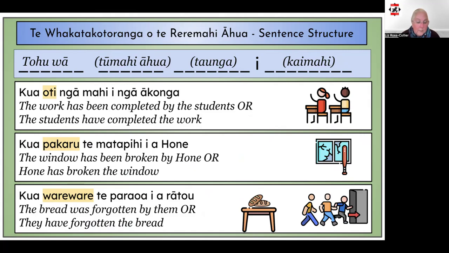Using a pronoun, we use the word a before it. So the sentence reads, Kua wareware te paraoa i a rātou, which literally translates to, the bread was forgotten by them, the bread has been forgotten by them, or they've forgotten the bread.